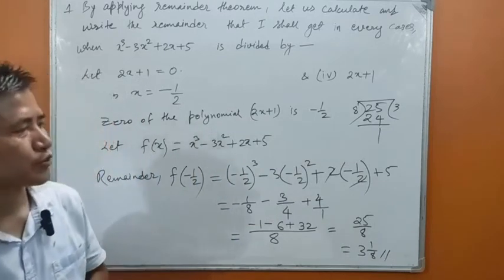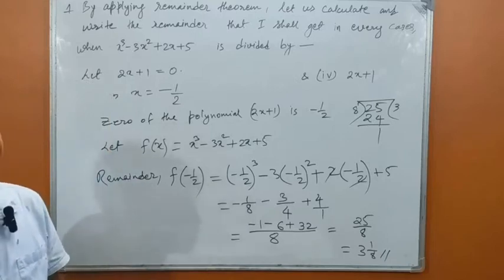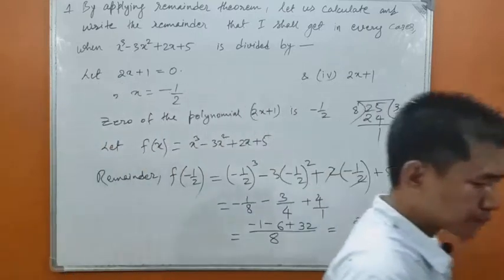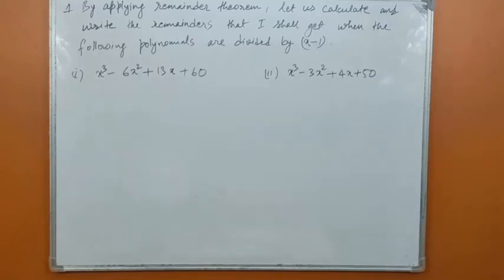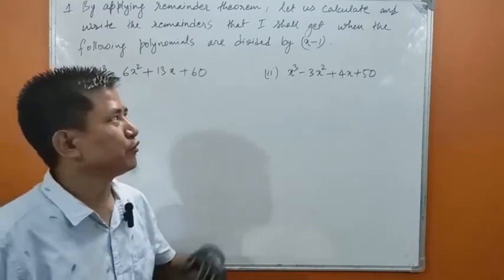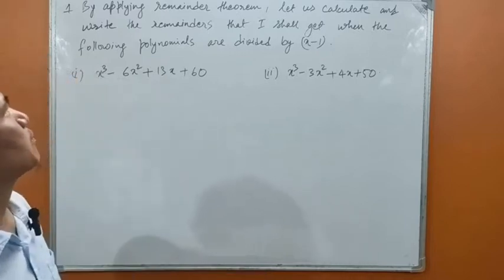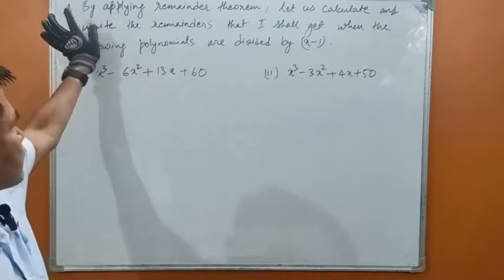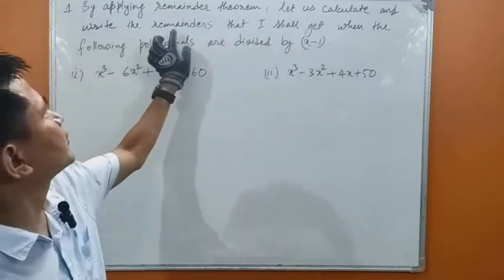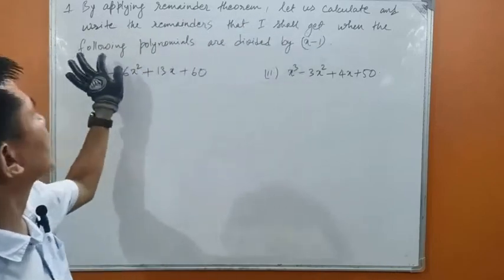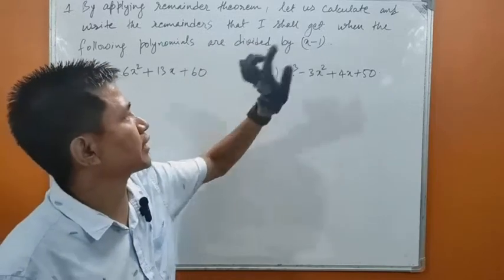Okay, now let us move to question number 2. By applying remainder theorem, let us calculate and write the remainders that I shall get when the following polynomials are divided by x minus 1.